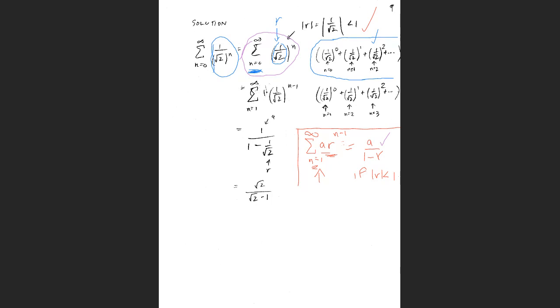But if I were to instead start the series at n equals 1, what gets changed is the power of n becomes the power n minus 1. If I change the starting index from n equals 0 to n equals 1, then I have to bring the power down 1. And that's why I subtract 1 from n.